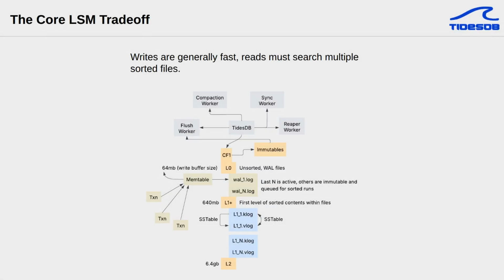So there's usually a trade-off with LSM trees, right? Let's say you have InnoDB or BerkeleyDB, which are more B plus tree based, which is okay for reads, but writes definitely suffer with that. With an LSM tree, writes are batched in memory, and then periodically they're flushed to disk as sorted runs, right?